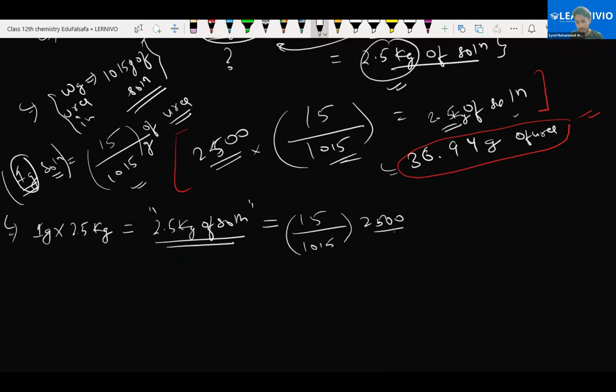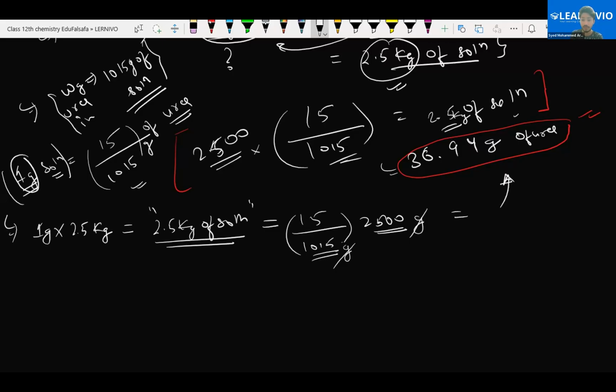Why am I multiplying this by 1000? Because to write the things in the same unit. Here it is written in grams, so it should also be in grams. That's why the units get cancelled out. Understand? Now you just need to calculate this, and you end up getting the answer.